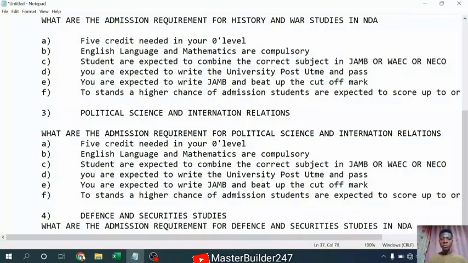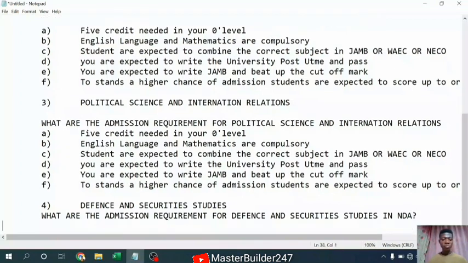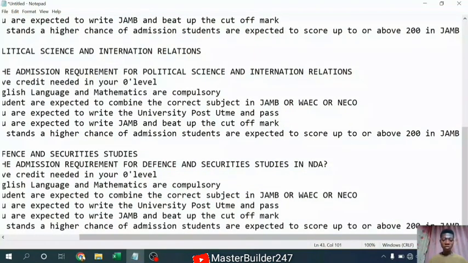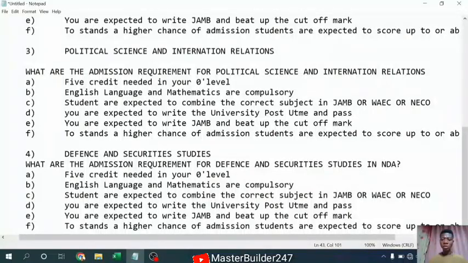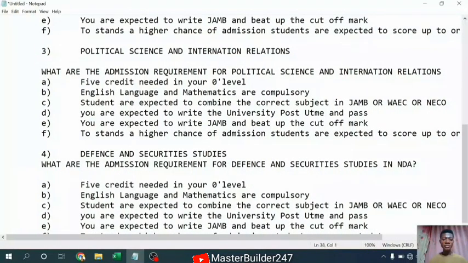Okay, I'm still going to copy it and paste it just as I did earlier. Okay, so I'm going to paste it. It's almost the same, right? I've already copied it and now I'm going to paste the requirement. So you can see here the same requirements are needed for defense and security studies, right?